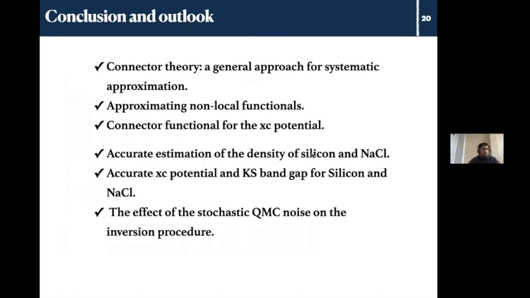It was fairly good for sodium chloride. Also, from the inversion of the Kohn-Sham equation, we have accurate VXC and the Kohn-Sham band gap for silicon and sodium chloride. And we investigated the effects of the stochastic QMC noise on the inversion procedure. Thank you for your attention.